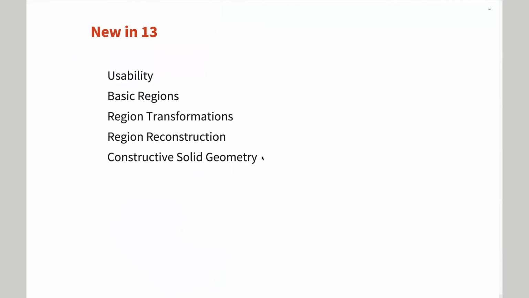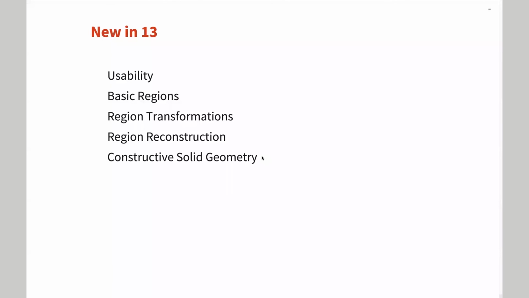Okay, so that was a really brief overview of what we are introducing in this release. We continue to improve usability. Like every release, we'll do our best so that the workflow is fluid and everything just works. We'll continue to add more basic regions, like in this case, torus and filled torus, and more analytic functions for transformation.